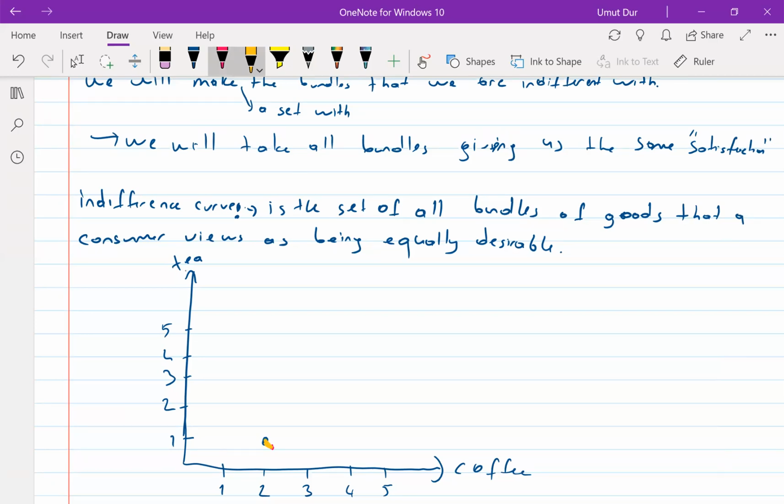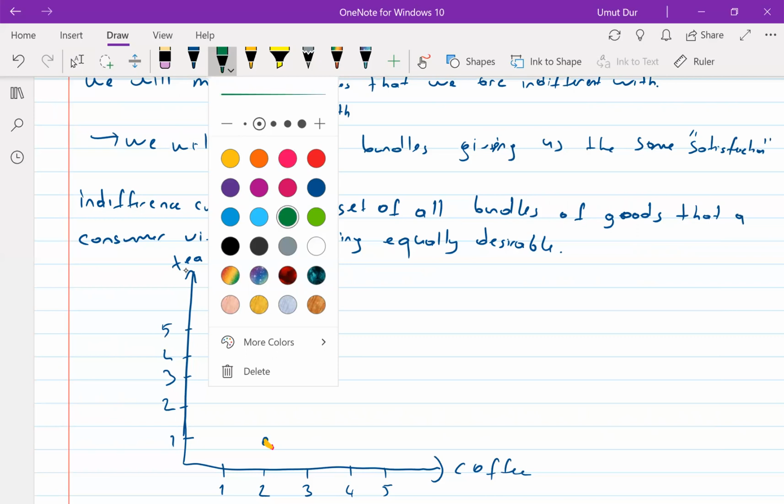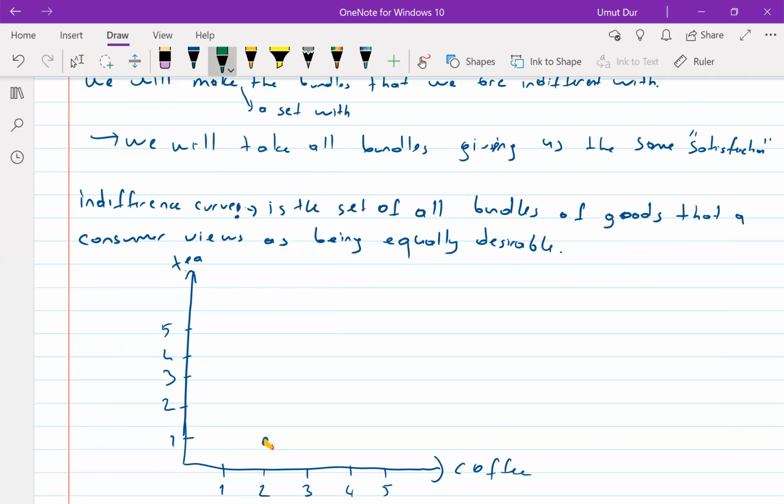If I do more, for example, if I increase the amount of tea while sacrificing some amount of coffee, let's say that is the green dot. Can you see those dots? Can you see my drawing? Perfect. Then I am still indifferent between this blue dot and green dot.